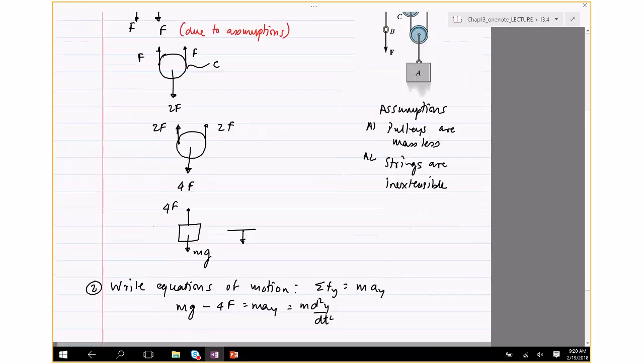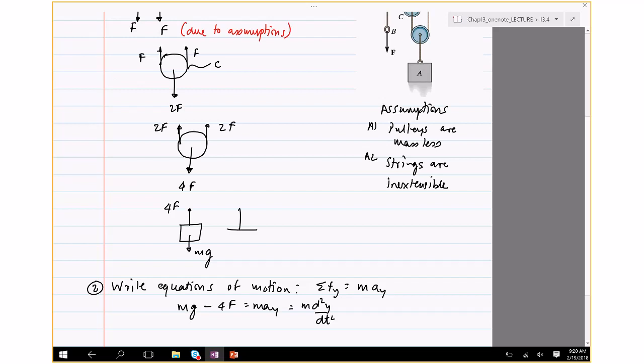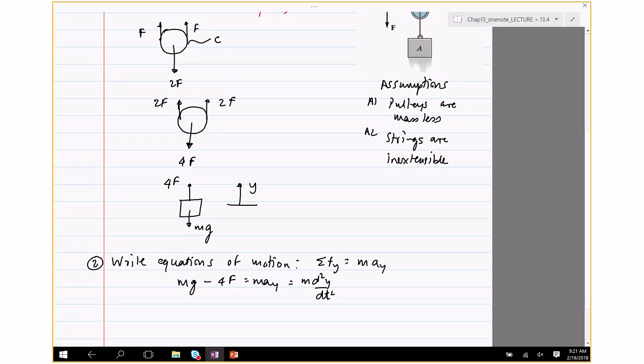My bad. The system moves up. If the system moves up, then 4F acts upwards, so it's positive, and mg acts downwards, so it's in the negative direction, right? This is something the book may not mention, but first you draw a coordinate frame, which in this case has upwards as positive, and then you write the forces in that coordinate frame. So 4F is positive because my coordinate frame is positive upwards, and mg is downwards, so it's negative.